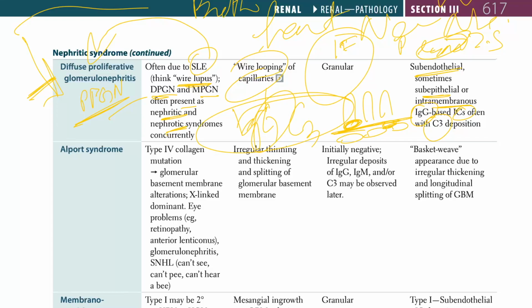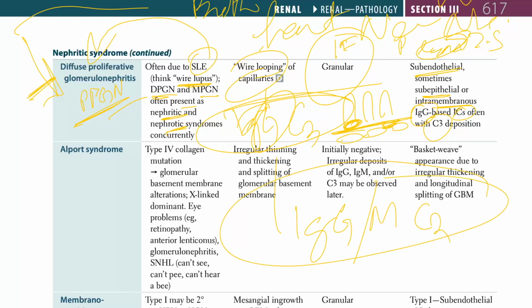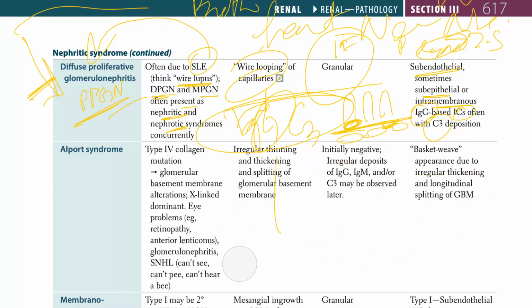Again, this was the hallmark of nephritic syndrome, IgG, IgM, and C3 deposition. That was the hallmark, leading to decrease in the complement system, leading to hypocomplementemia, right?